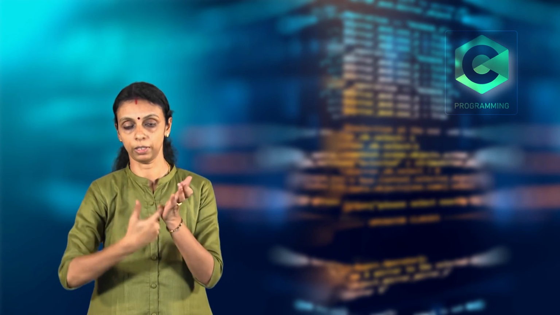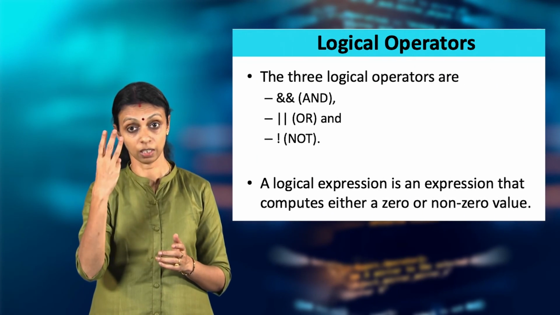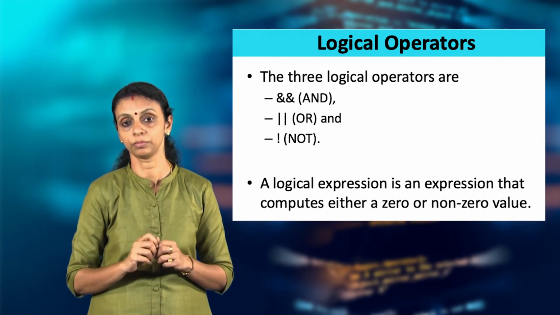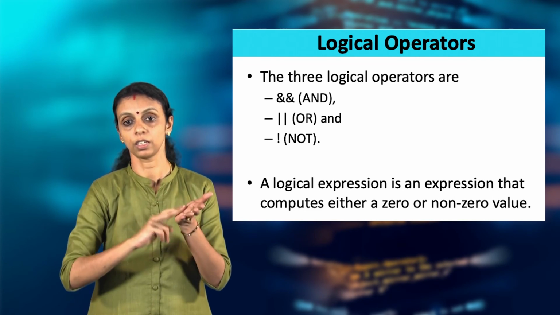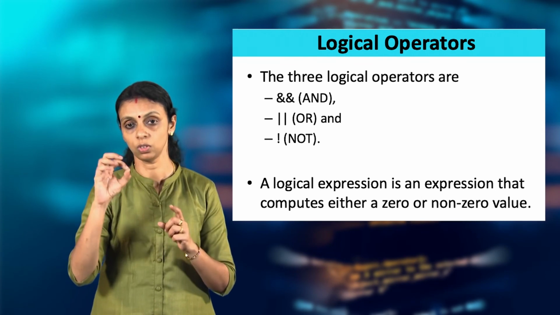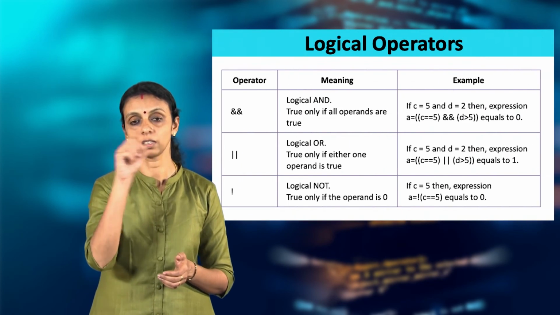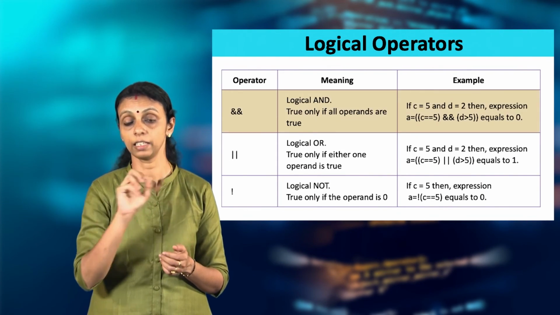Logical operators. The 3 logical operators are AND, OR, NOT. Let C is equal to 5, D is equal to 2.